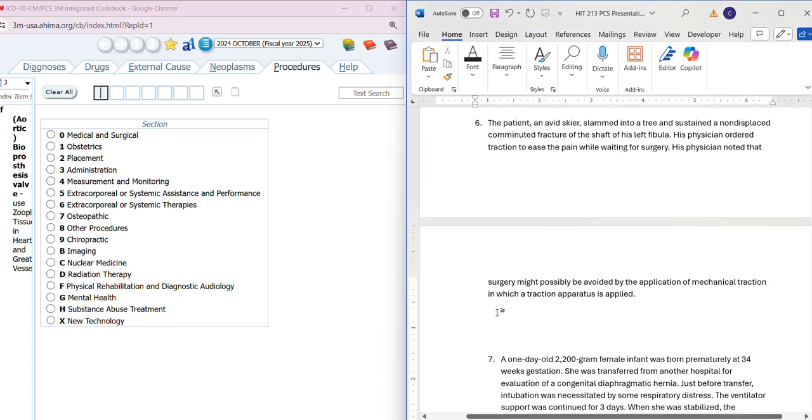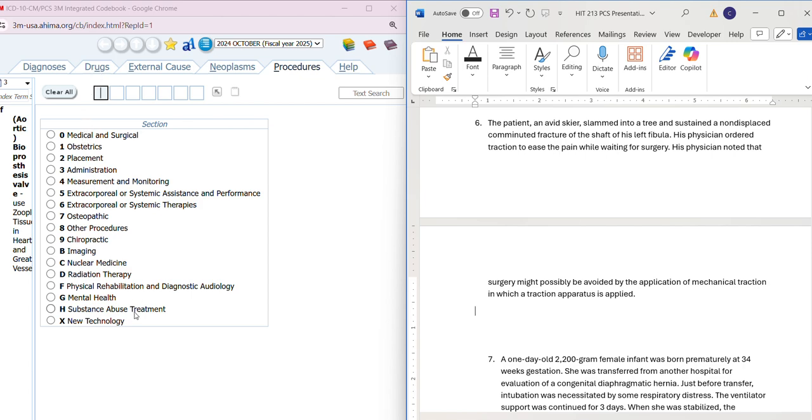So number 6, the patient who is an avid skier slammed into a tree and sustained a fracture of the shaft of his left fibula. His physician ordered traction to ease the pain while waiting for surgery. And then his physician also noted that surgery could be avoided by the application of mechanical traction, in which a traction apparatus is applied.